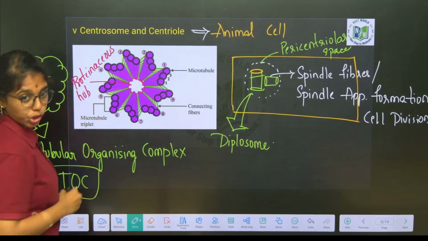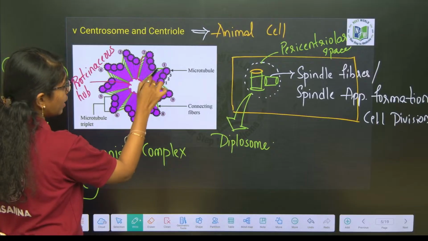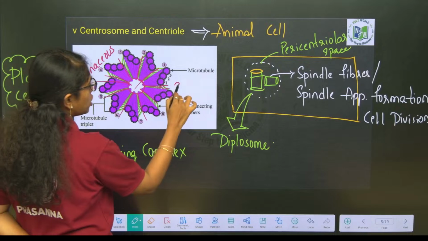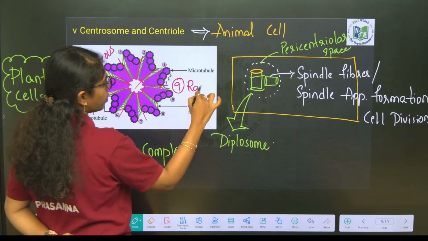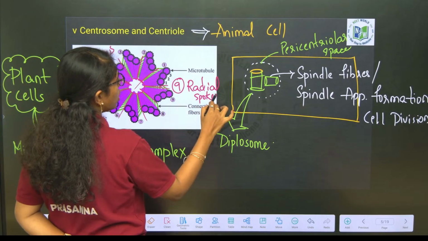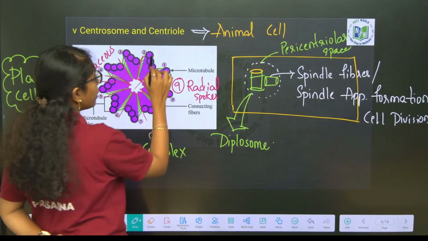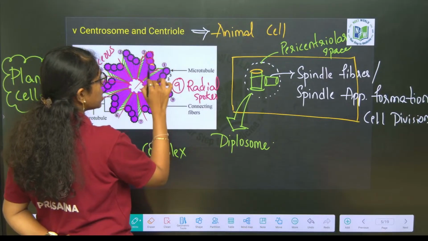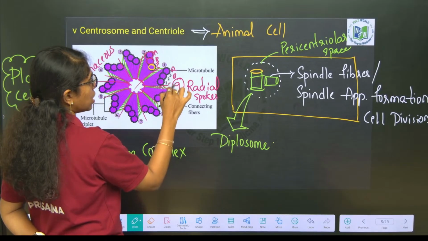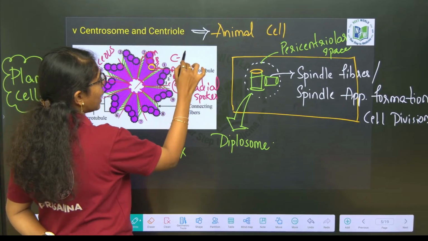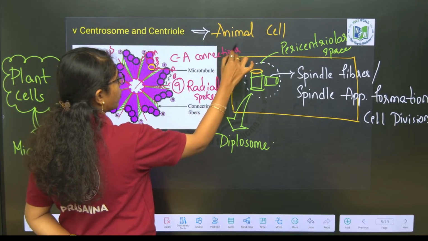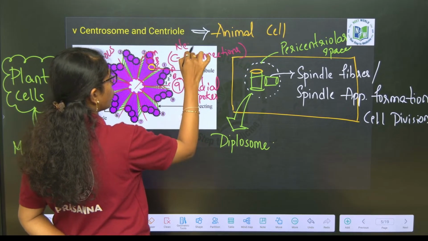To this proteinaceous hub, you have 9 radial spokes attached. To each radial spoke, 3 peripheral microtubules are present. You can say A, B, C. They have CA connections by a protein, nexin protein.